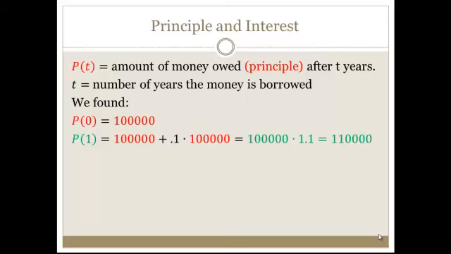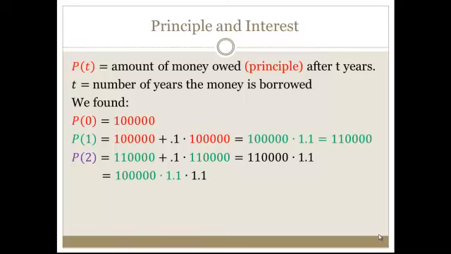To find P of 2, we started the second year owing $110,000, that was P of 1, plus 10% on that $110,000. Here, we can factor out $110,000. When we do this, we're left with $110,000 times 1.1.